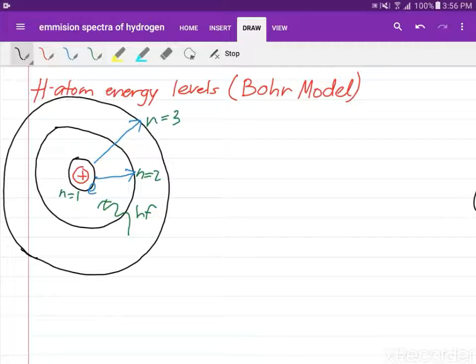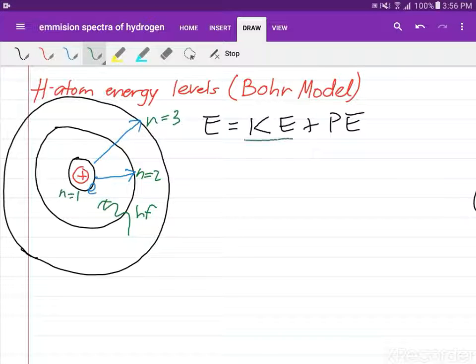So we are interested in determining first the total energy of the electron. So we know that classically we have defined total energy to be the sum of kinetic energy and potential energy.